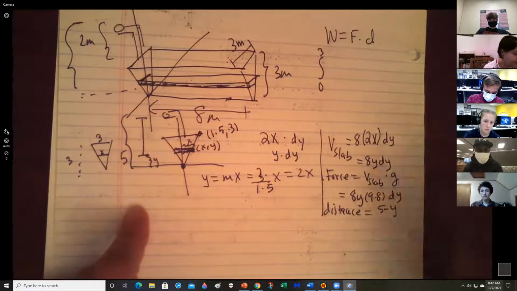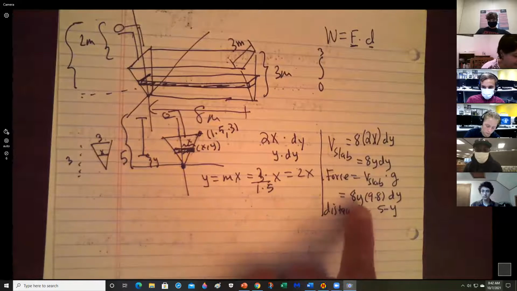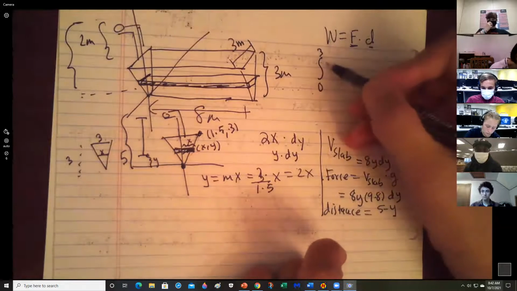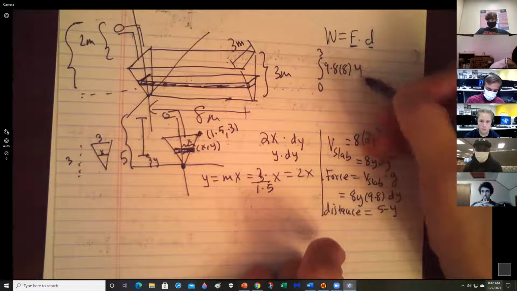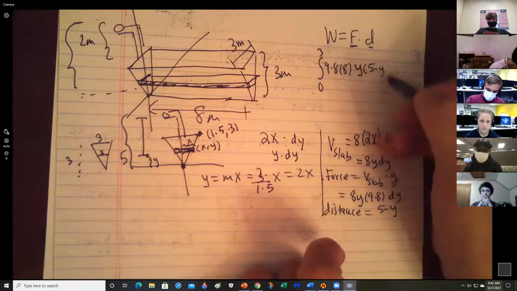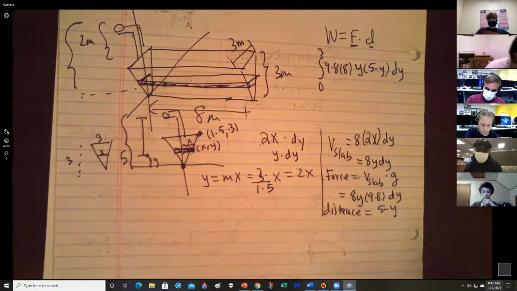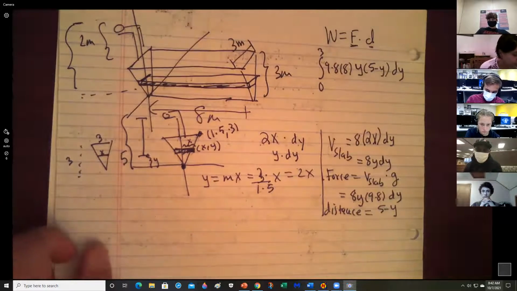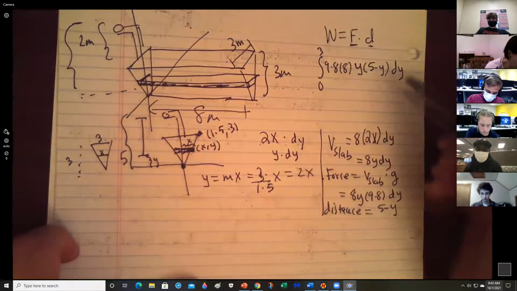So when you integrate force times distance, we're going to have 9.8 times 8 times y times 5 minus y dy. So 9.8 times 8, which is just a constant, you can pull that out.